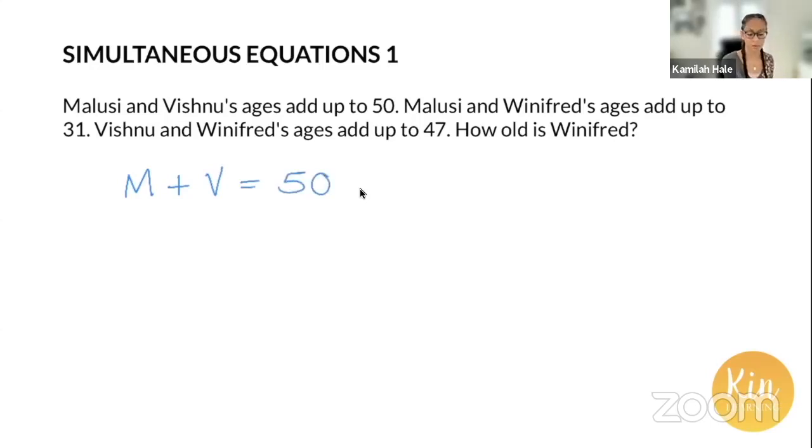Can anyone tell me what we would write for the next sentence? Malusi and Winifred's ages add up to 31. I do have a delay, which is a little tricky, but maybe you can send that in chat. Can you tell me what equation we would write to show Malusi and Winifred's ages add up to 31?